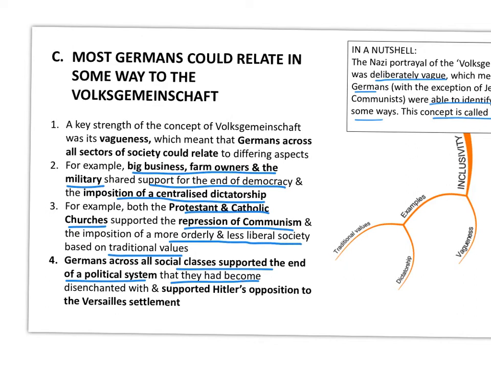So Germans across all social classes supported the end of a political system that they felt had become divisive. They'd become disenchanted with it. And again, universally, people despised the Treaty of Versailles, which they saw as unjust, unfair.